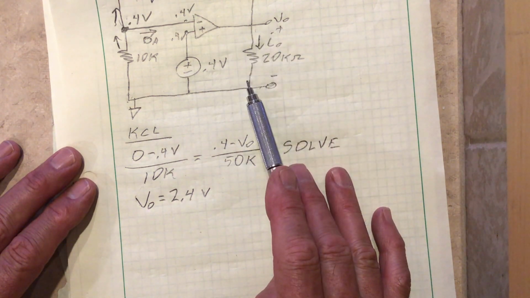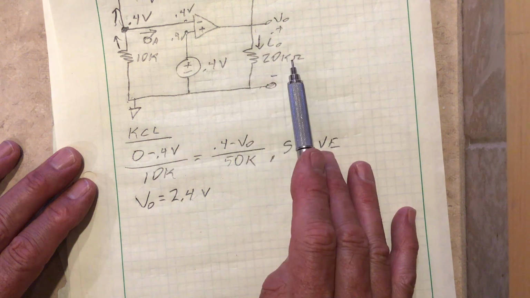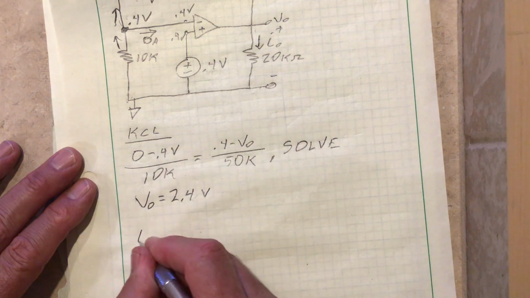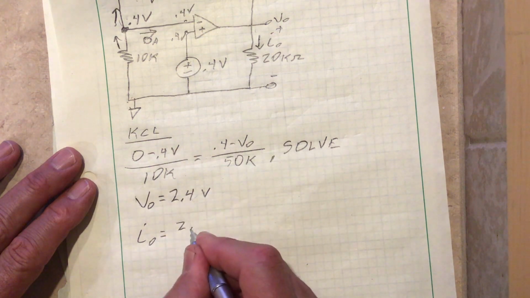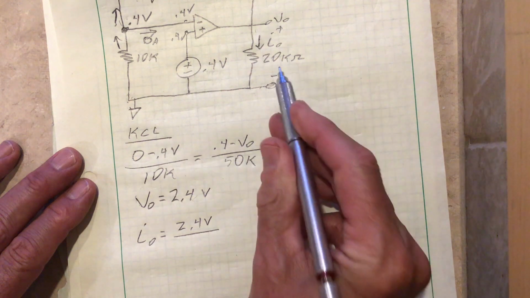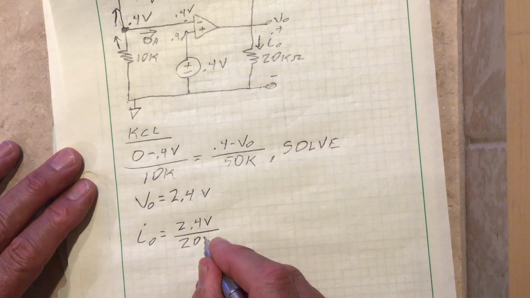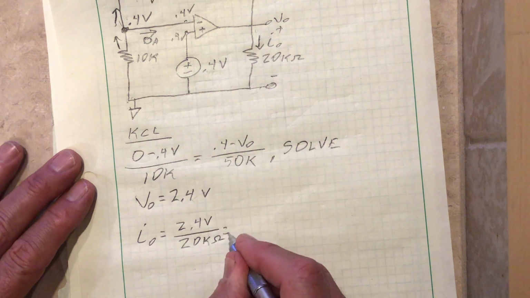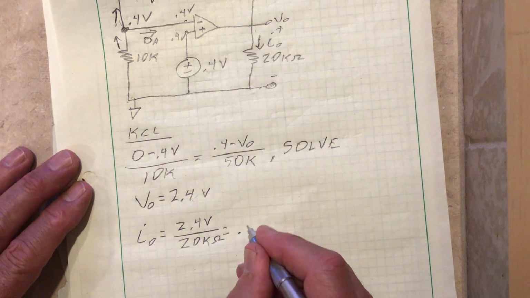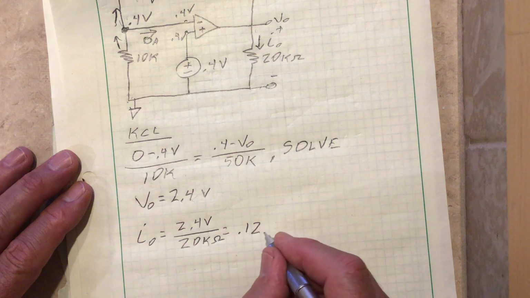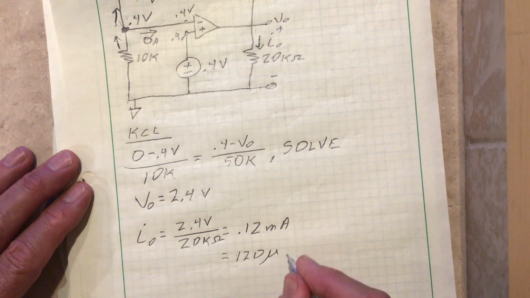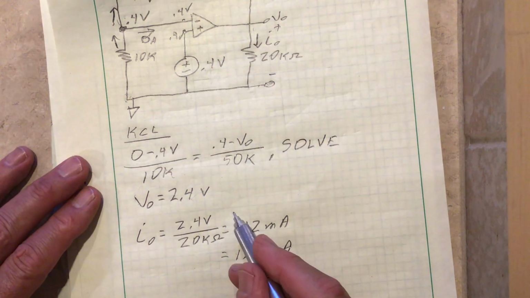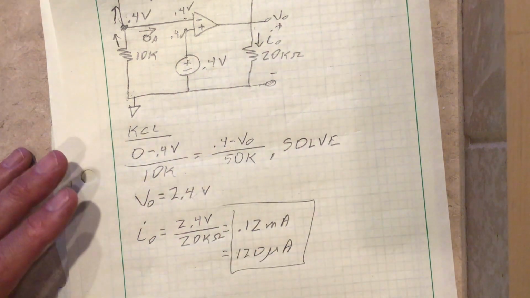We know the voltage drop across it is 2.4 volts. We know the resistance. So the current out is going to be 2.4 volts over 20K ohms. As it turns out, that is 0.12 milliamps. Or you could write that as 120 microamps. Either one of those would be correct. All right, there we go.